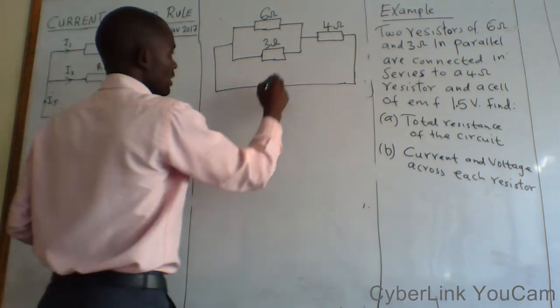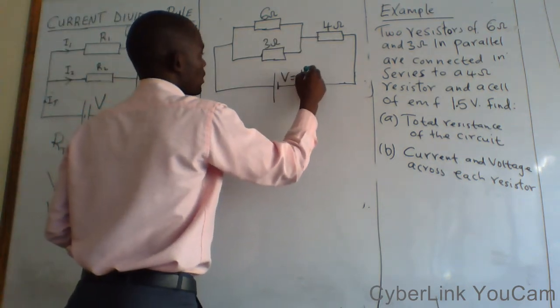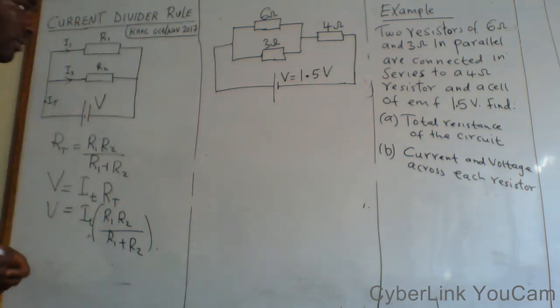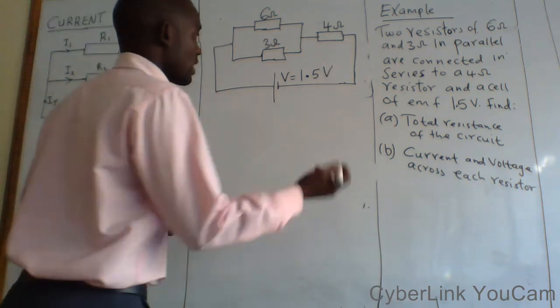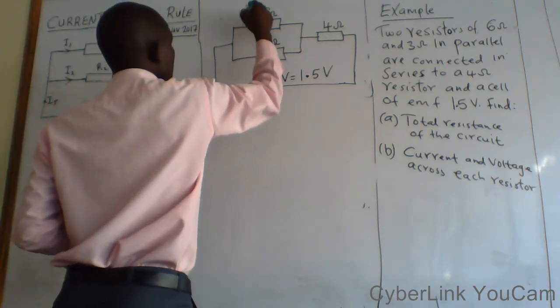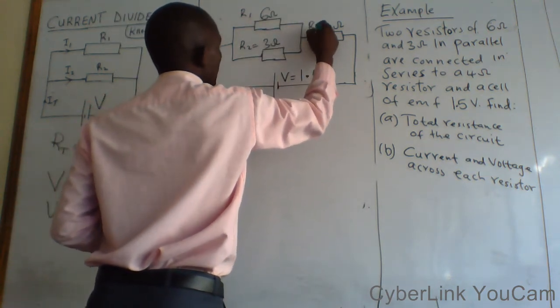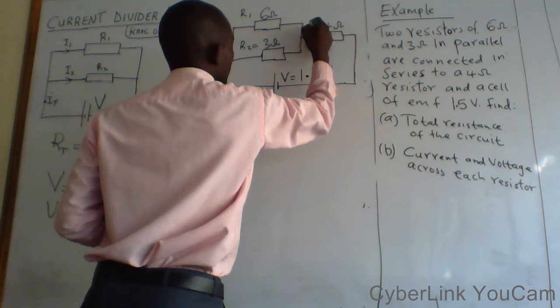We have been told the voltage here is 1.5 volts. Now the question requires us to get the resistance. We can say this is our R1, this is our R2, and this is our R3, resistor 3.